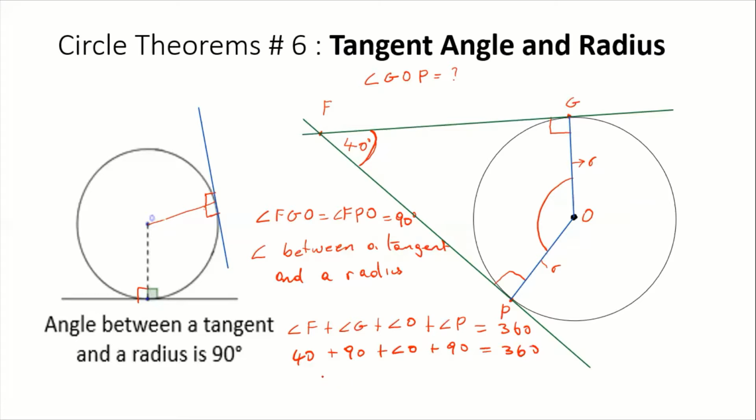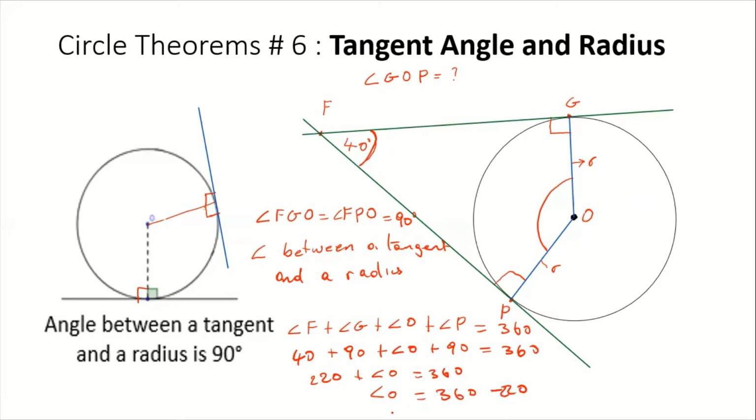So what we know here is 220 plus angle O is equal to 360 degrees. So it's just a matter of subtracting 220 from both sides. So angle O is going to equal 360 minus 220, right?